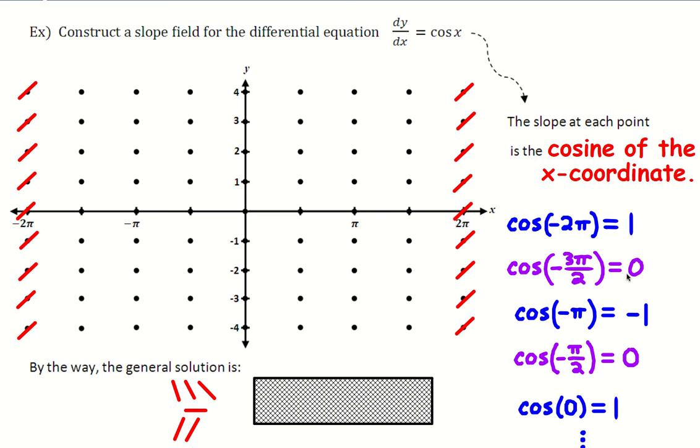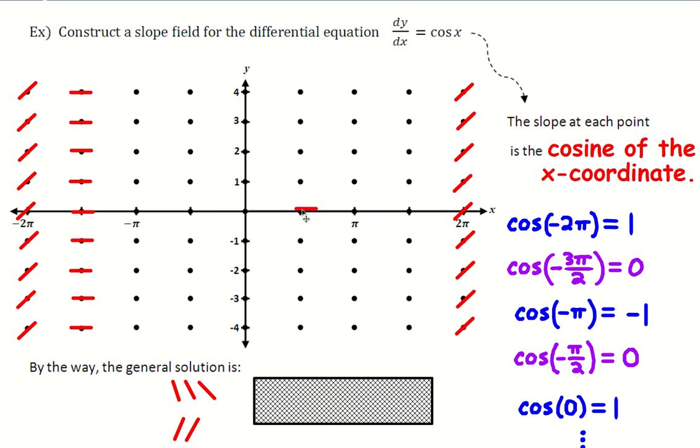We're in this together. So cosine of negative 3 pi over 2 is 0. Come on. You can probably write these down on paper a little bit faster than I can.